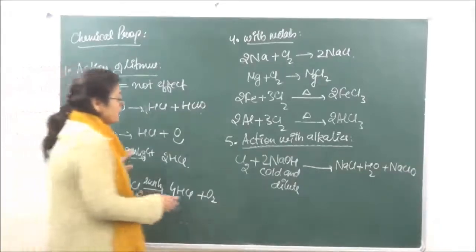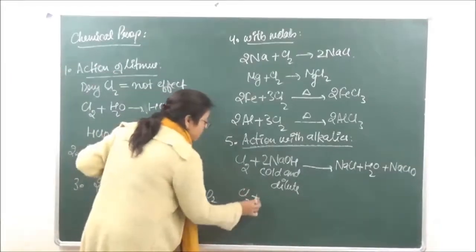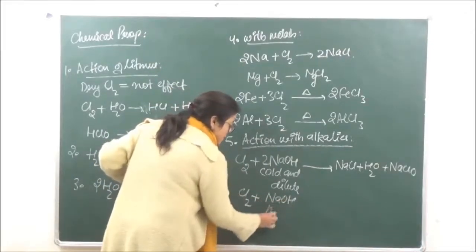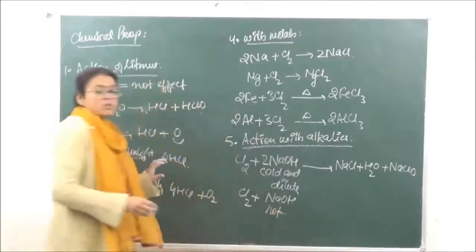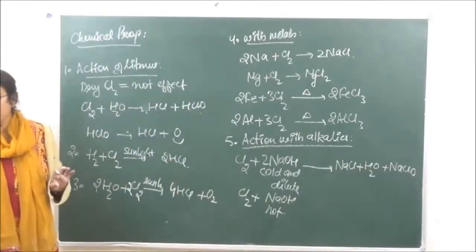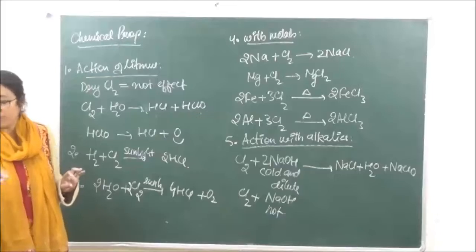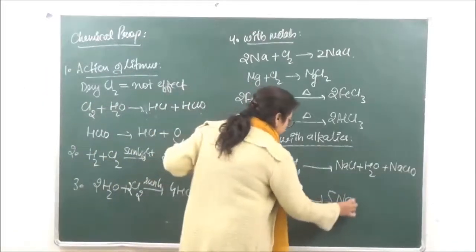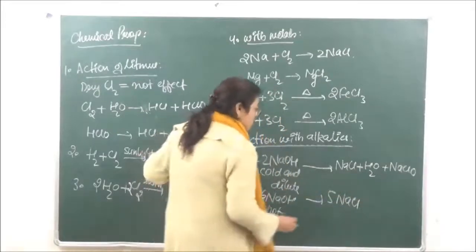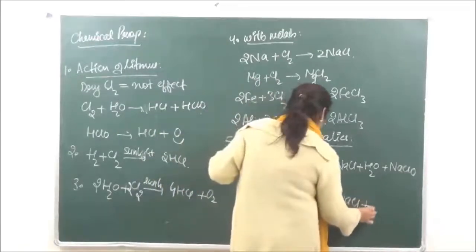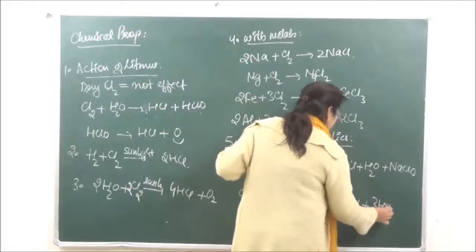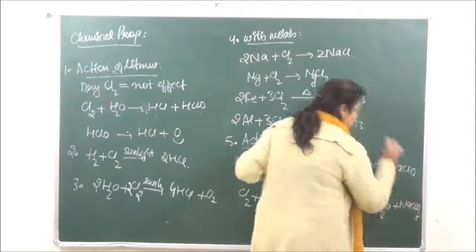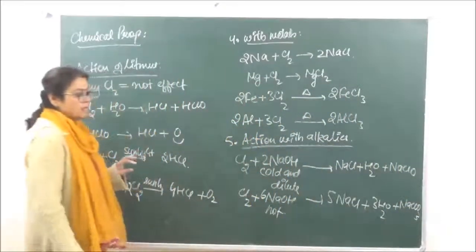But at the same time, if it is reacting with hot and concentrated alkali, in this case it is going to give us sodium chlorate, NaClO3. ठीक है?